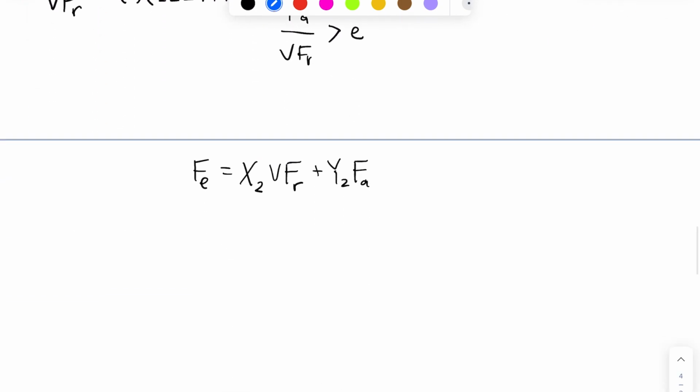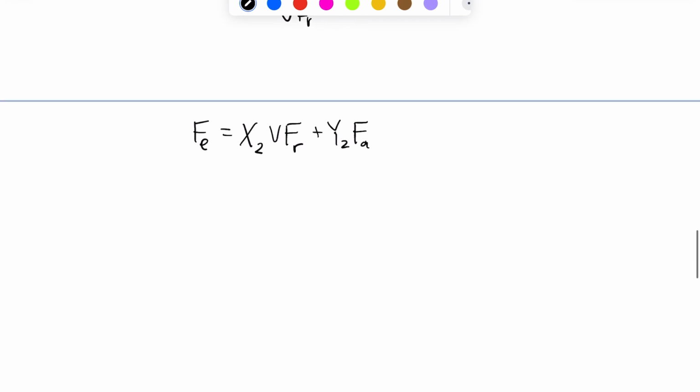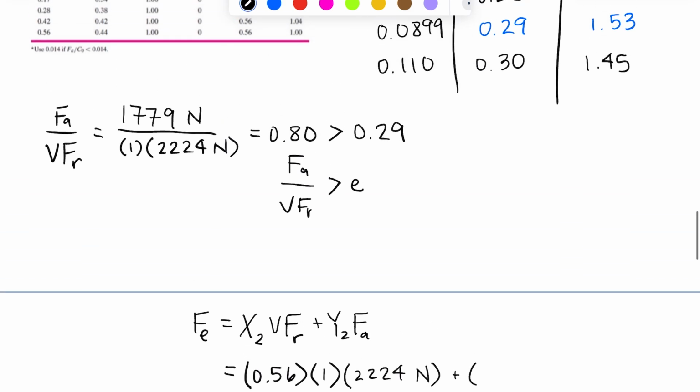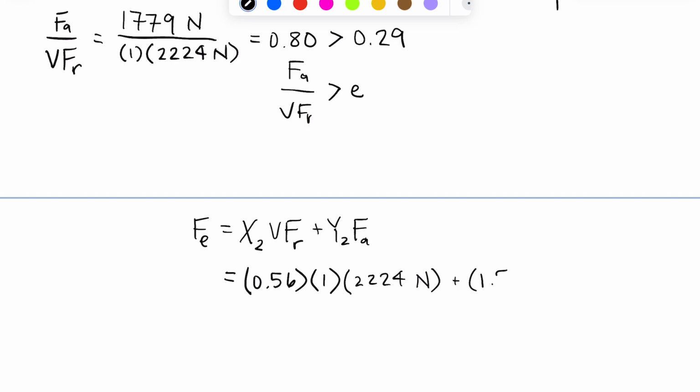So we've got values for X2 and Y2, and we have our axial and radial loads, of course, so we are ready to calculate this equivalent radial load. X2 is 0.56, V is still equal to 1, Fr is 2,224 newtons, plus Y2, we just found that it was 1.53, and we have our axial load of 1,779 newtons.